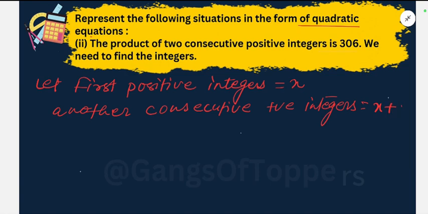So what we have given in the question: the product of two consecutive integers is 306. You can write properly as given or according to the question.